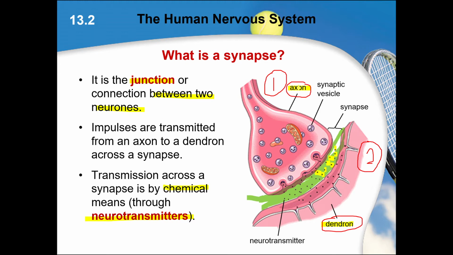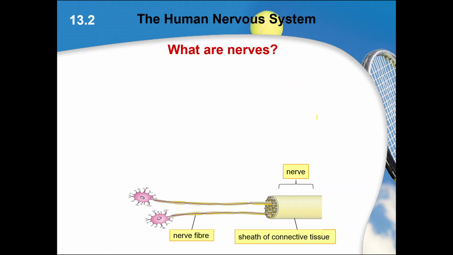So it's different from the normal nervous transmission that happens down a normal neuron, which is an electrical transmission. Here, the transmission across the synapse is a chemical form of transmission. So that's all I have to say about the synapse.